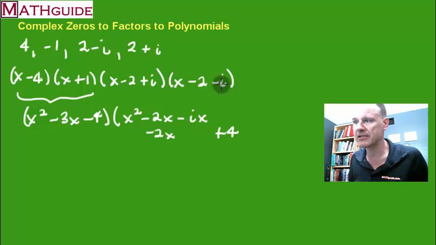Negative 2 times negative i would be positive 2i. Okay, now let's do i times x. Ix. I times negative 2 is negative 2i. And then i times negative i would be a negative i squared.